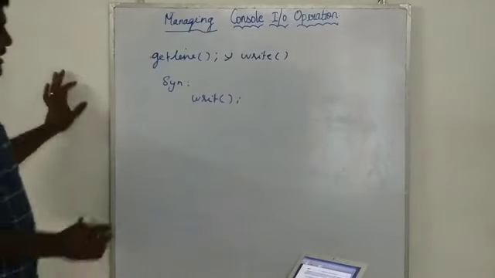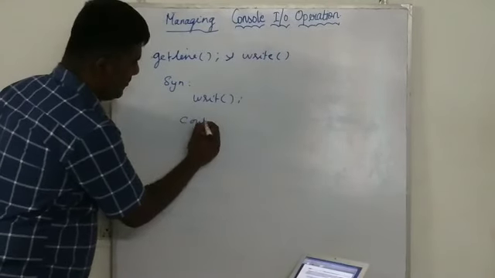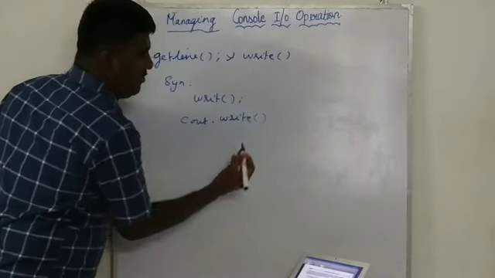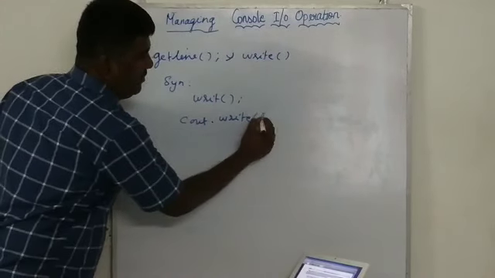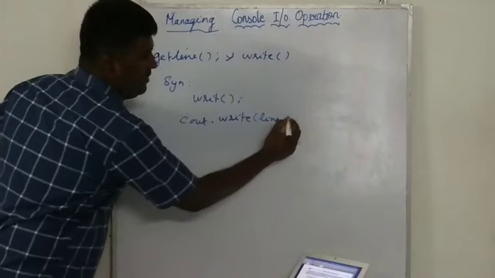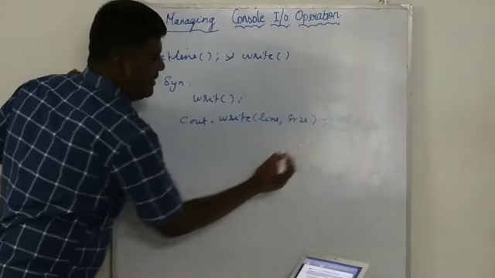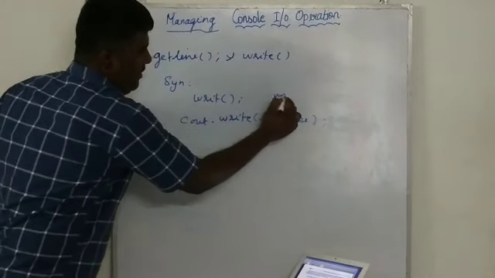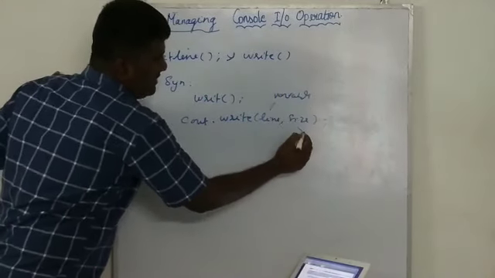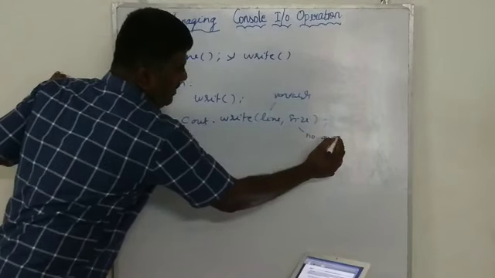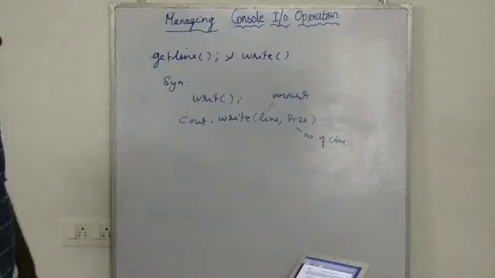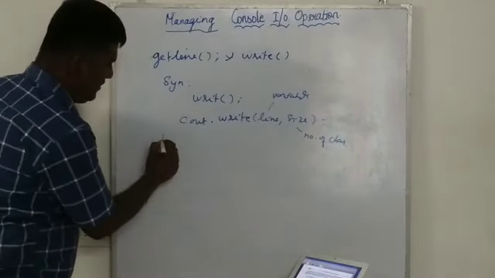Here we are using cout.write(line, size). Here also we are using the same: line is the variable and size is the number of characters. Okay, this is an example.